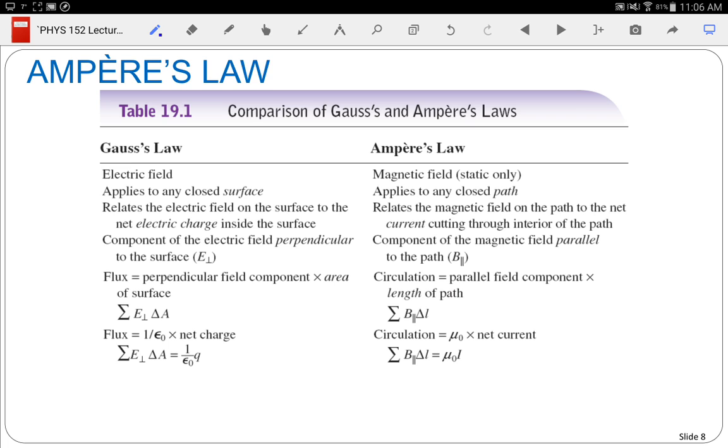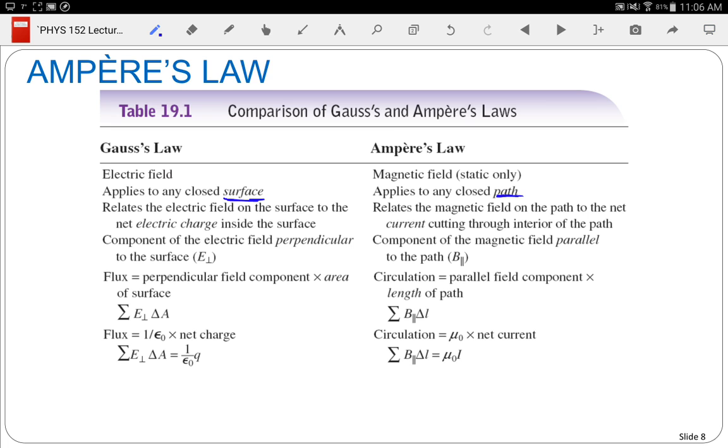This here is just comparing Gauss's law with Ampere's law to make sure that any familiarity you have with Gauss's law can be transferred to Ampere's law. One has to do with electric field, one has to do with magnetic field. The electric field one applies to any closed surface. The magnetic field one is to a closed path.